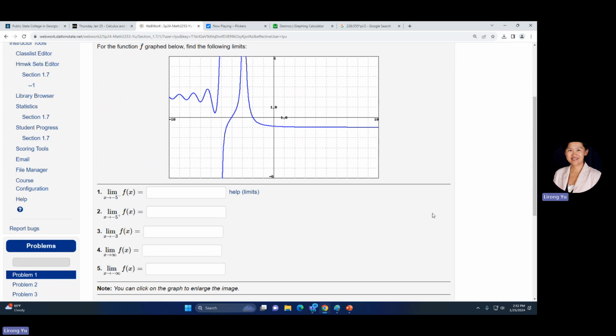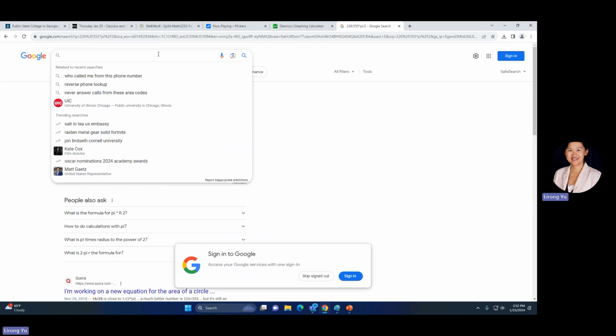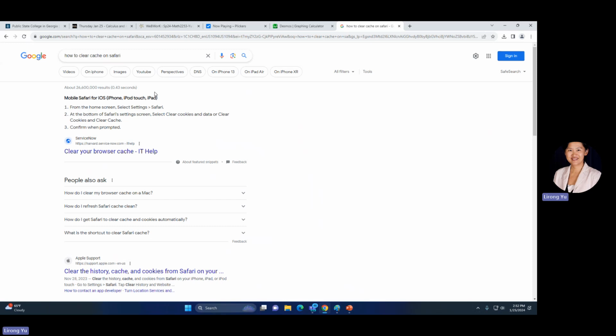You want to eliminate all the pages you visited on the website so it's a new page. How to clear cache. Right, I think that's what you need to do. So just try to clear some data in the cache, which will force the computer to load a new page. Okay.